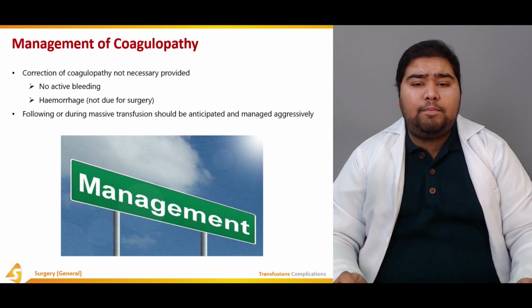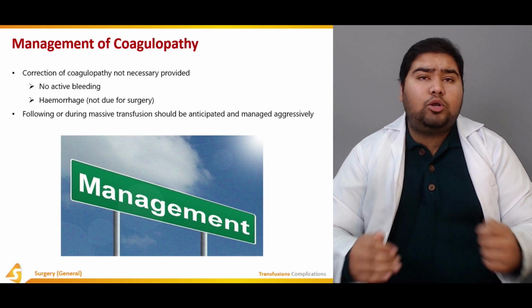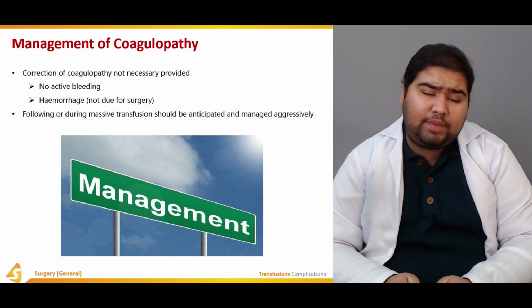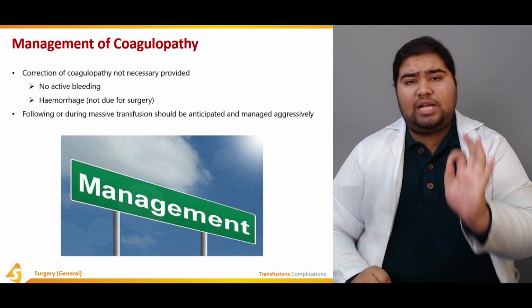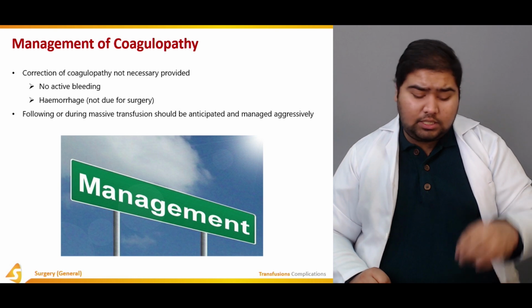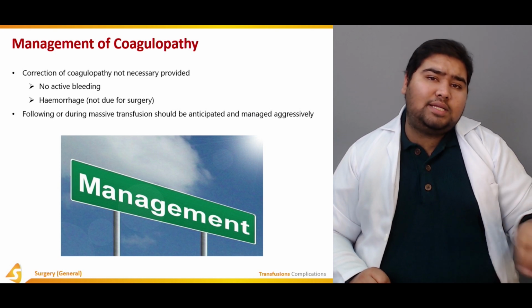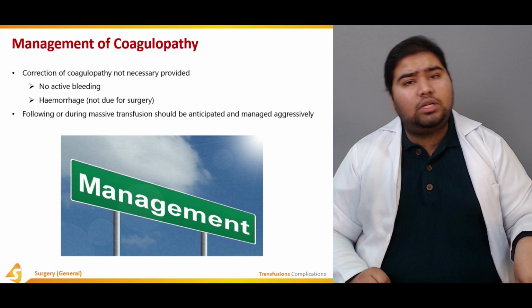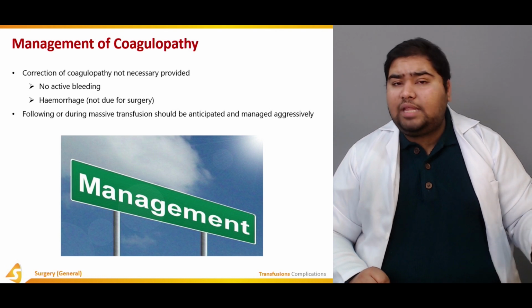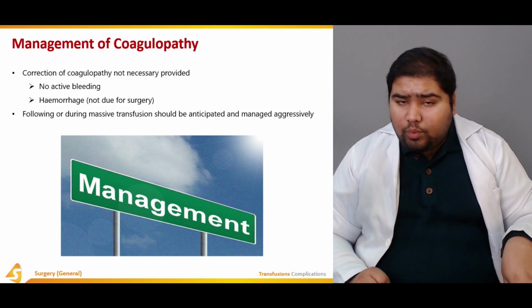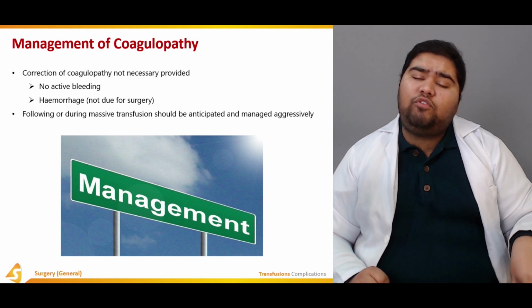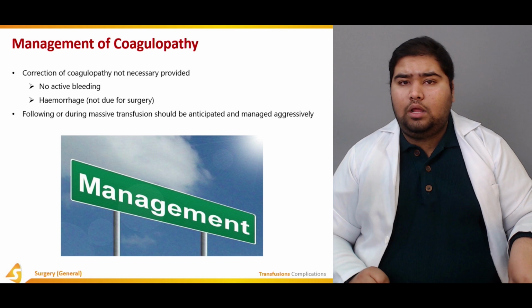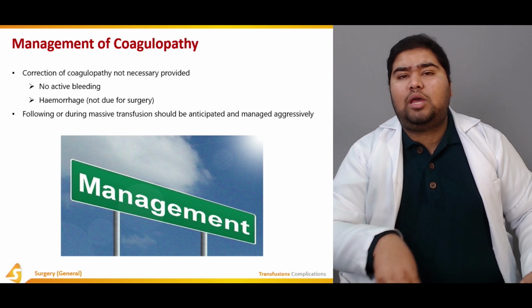following or during a massive transfusion, coagulopathy should be anticipated and managed aggressively. We have talked about transfusion, we have talked about hemorrhage. Whenever hemorrhage occurs, there is dilutional and consumptive coagulopathy. So coagulopathy should always be anticipated and should be treated even before it has begun. Coagulopathy will always be there with the hemorrhage.